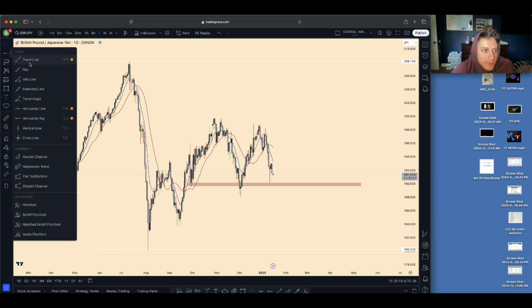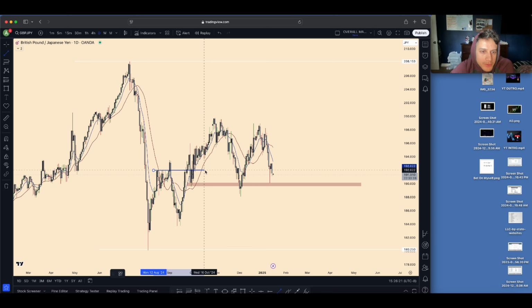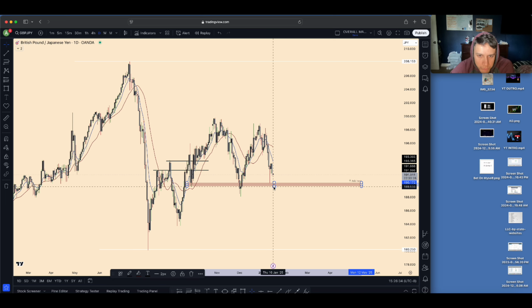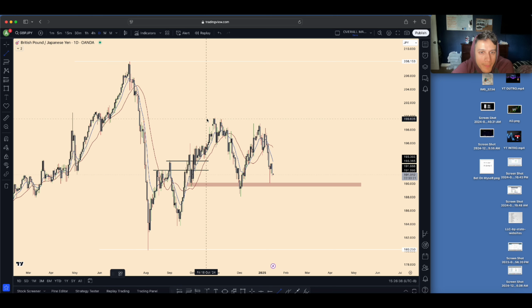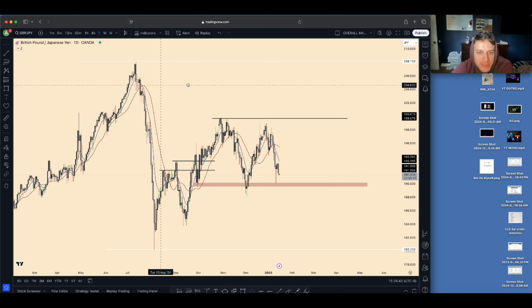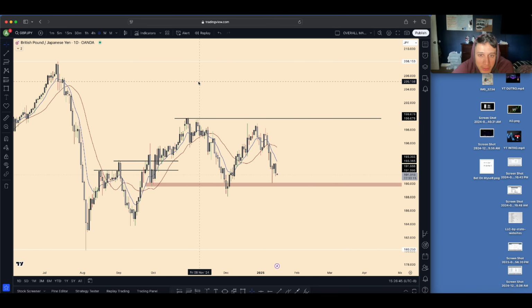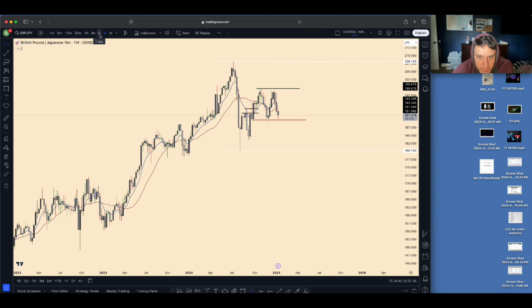Okay, here we just track structure and see what it's doing. For the past week, actually the past 2 weeks, we have been bearish on GJ.